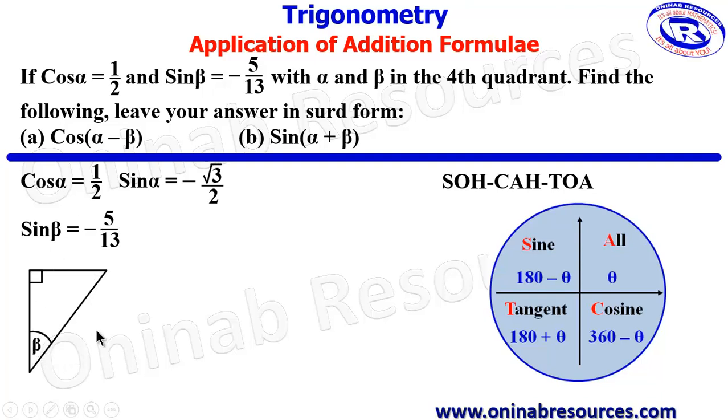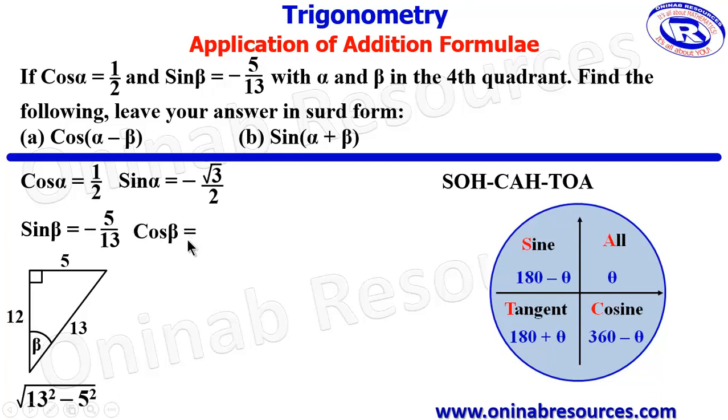Since sine is opposite over hypotenuse, this side is the opposite and it is 5, and this is the hypotenuse, which gives us 13. We then use Pythagoras theorem to get the third side. This is 13 squared minus 5 squared, giving us 144. So we have the square root to be 12.